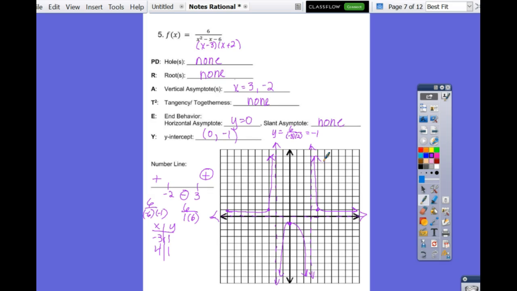So, you can test any point you want, right? Like if I tested this point out here, I'm going to get an answer. The reason I usually stay close to the asymptote like that is because that's probably going to give me this point, right? And so that's why I usually choose that close, okay?